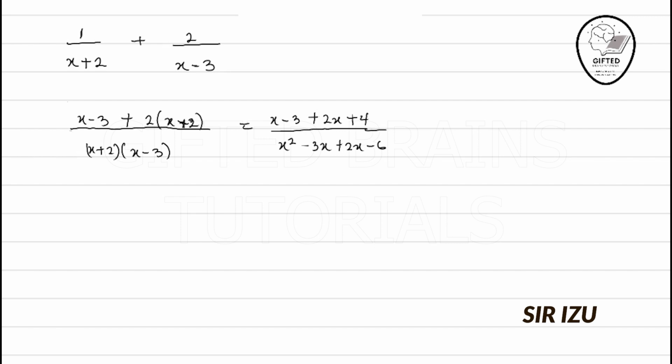And so finally we have 3x plus 1 all over x squared minus x minus 6. So this is what I have.